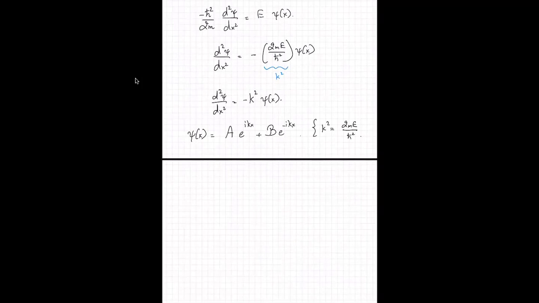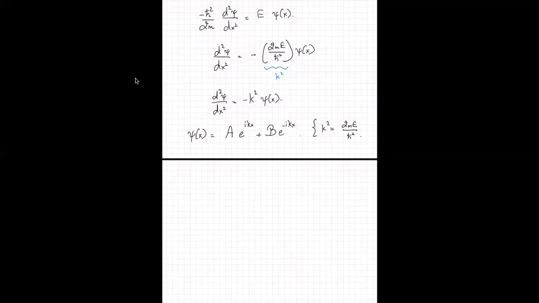So the way I've written it, k can be either positive or negative, because k is plus or minus the square root of 2mE over h bar squared, and E is obviously positive. So k can be plus the square root of 2mE over h bar squared or minus the square root of 2mE over h bar squared.